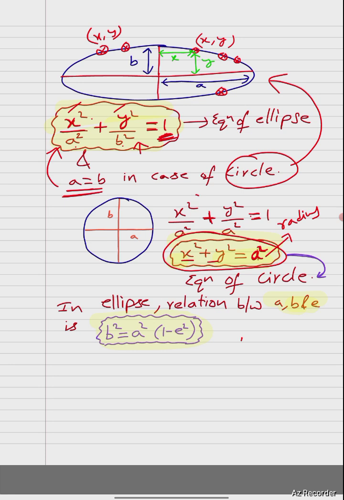So the equation becomes x square plus y square is equal to a square, where a is the radius of the circle.